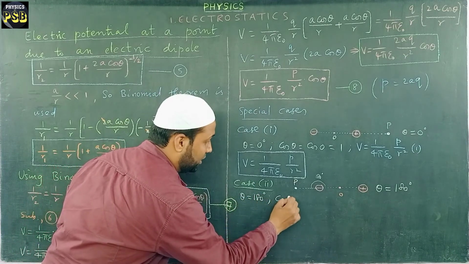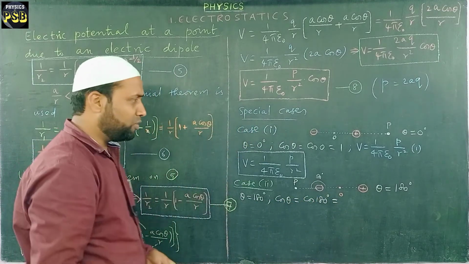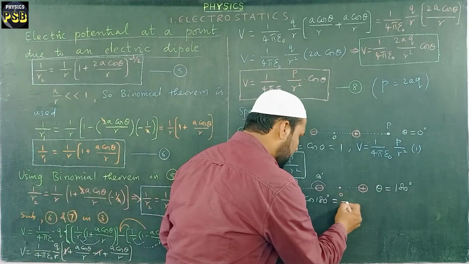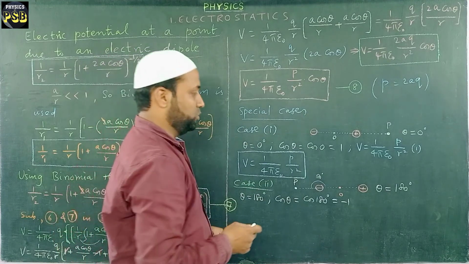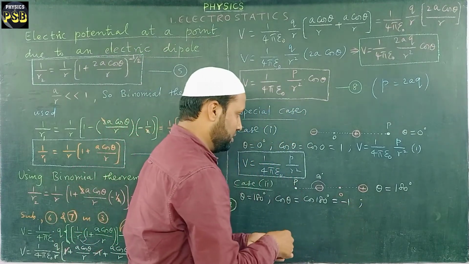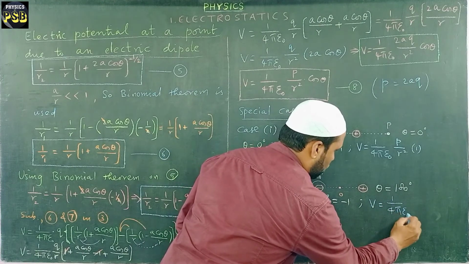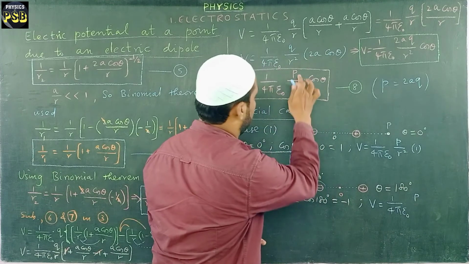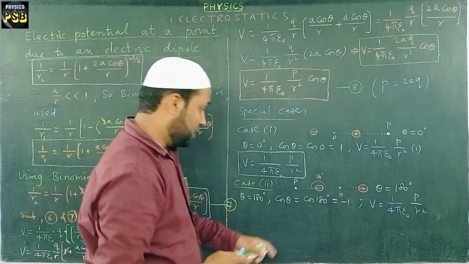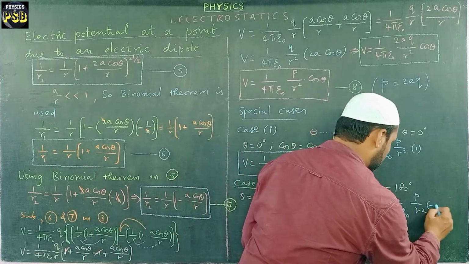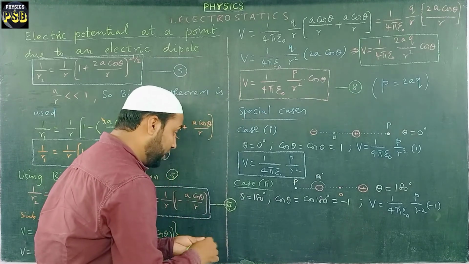So cos of theta will become cos of 180 degree. Now, what is cos of 180 degree? Cos of 180 is nothing but minus 1. That I am going to substitute in equation number 8. So what will I get? I get V equals 1 upon 4 pi epsilon naught, p upon r square, and in the place of cos theta I have minus 1.